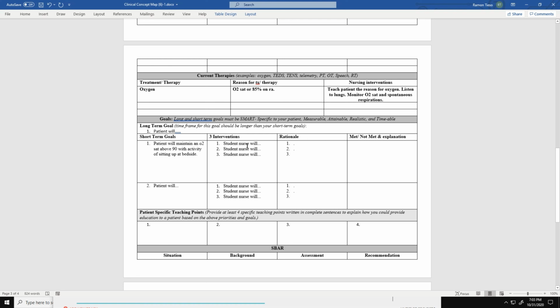And so what are you going to do about that? Student nurse will assist patient and monitor O2 saturation while patient is moving to the sitting position.